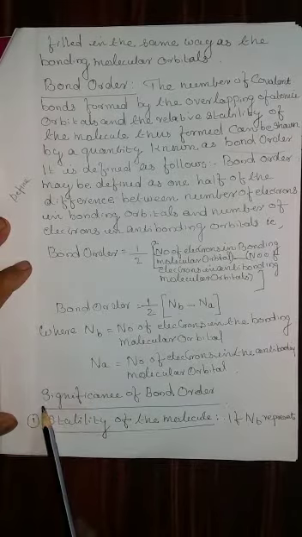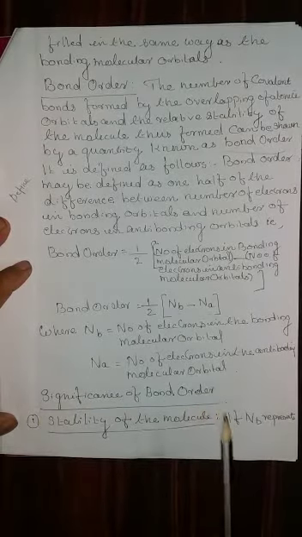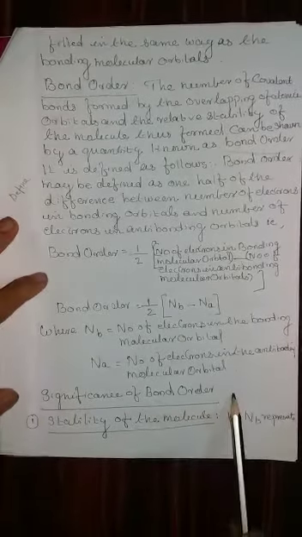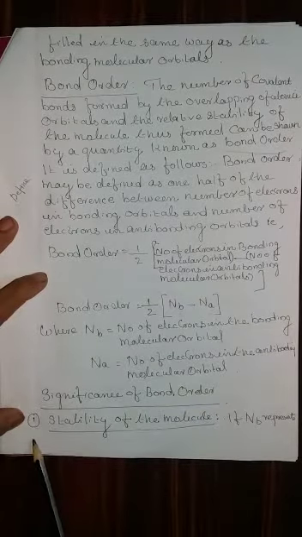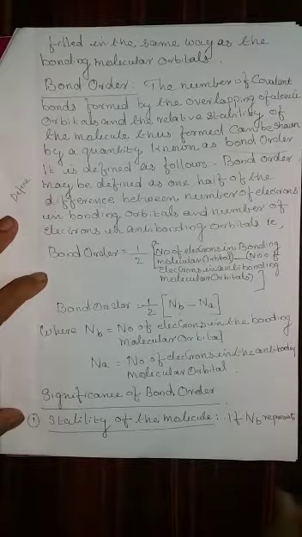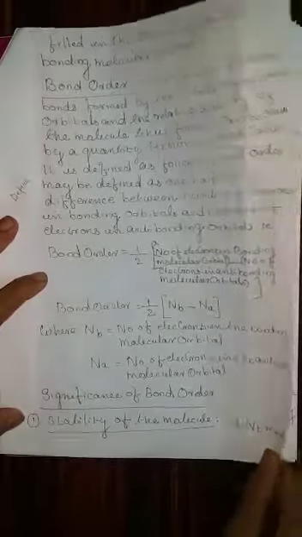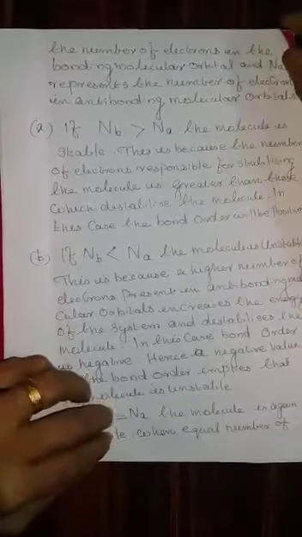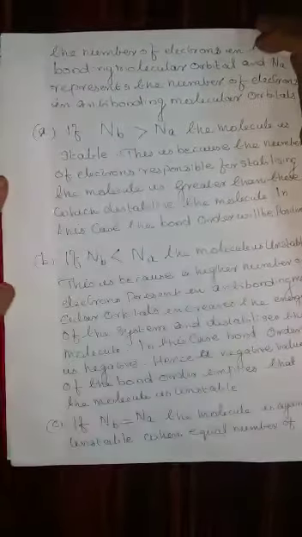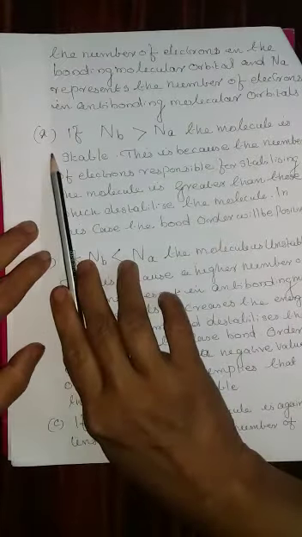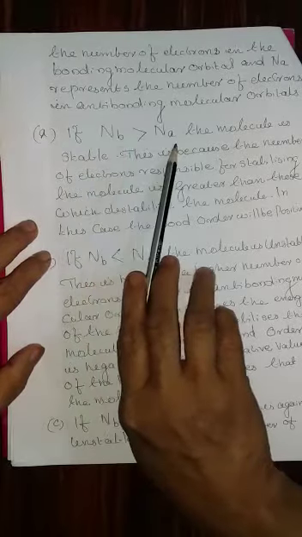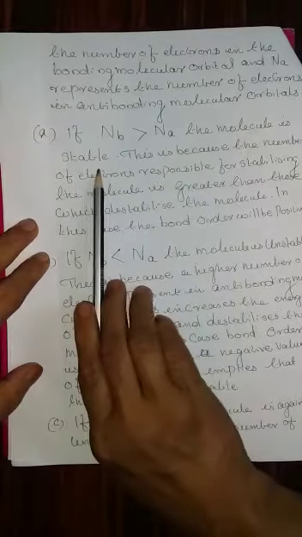Then, significance of bond order. Once you determine the bond order, it is easy to determine the stability of the molecule. 1. Stability of the molecule. If Nb represents the number of electrons in the bonding orbital and Na represents the number of electrons in the antibonding orbital, case 1, if Nb is greater than Na, the molecule is stable.